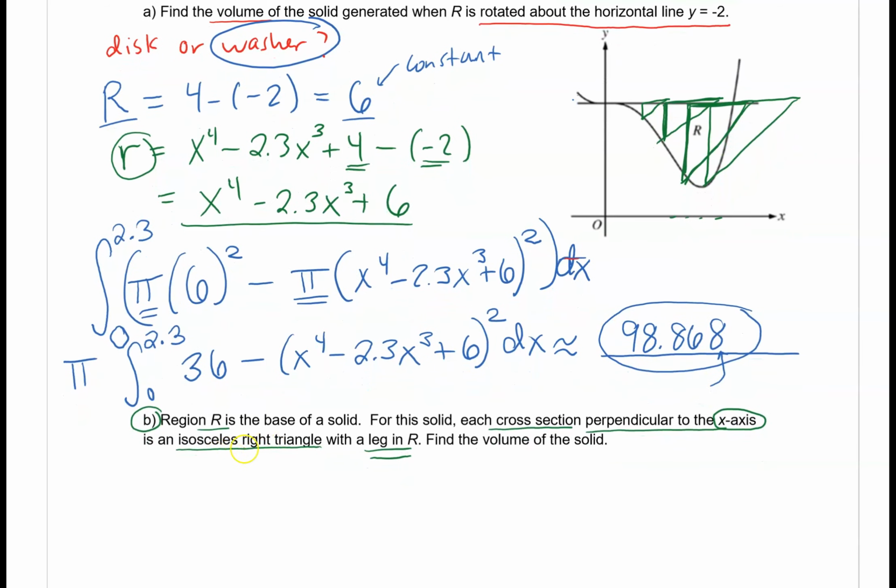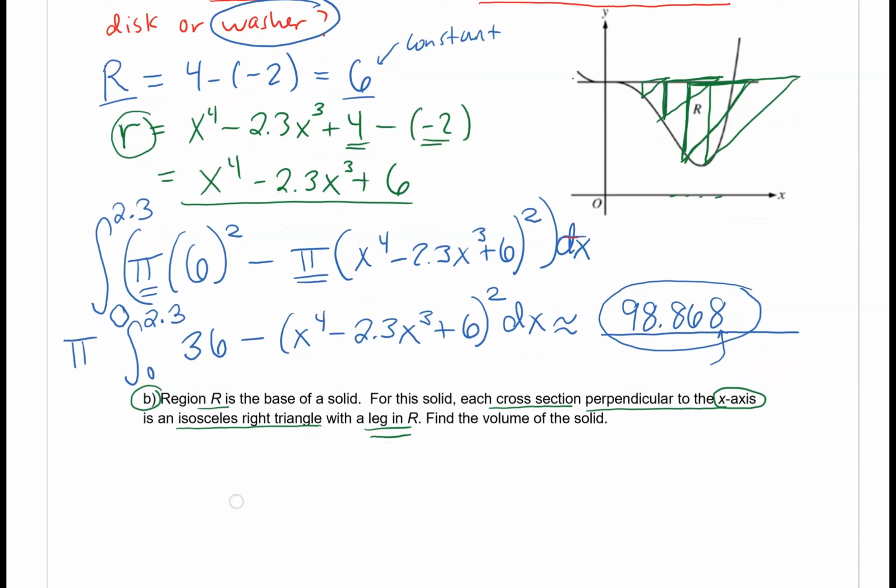So what we have to do first of all to find volume by cross-section is we integrate from, in this case we're going to again go from 0 to 2.3. So we now know that this point of intersection over here is 2.3 comma 4. So we know that they intersect at the x value of 2.3. So I know I'm going to integrate from 0 to 2.3. This is with respect to x since the cross sections are perpendicular to the x-axis.